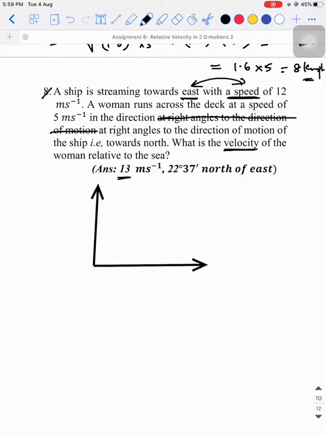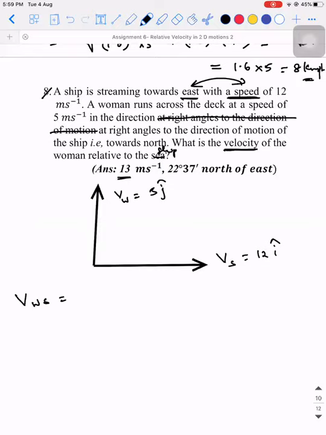So velocity of ship is 12 i cap. Velocity of the woman is 5 j cap. So what is the velocity of woman with respect to ship?